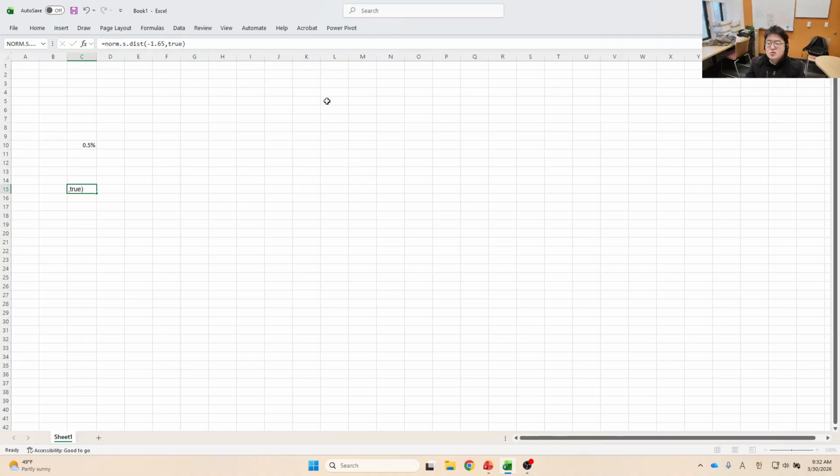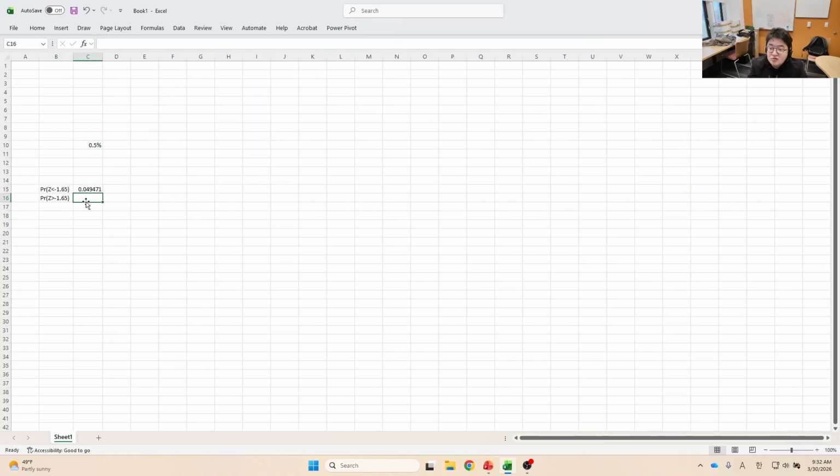So if you enter it, it will give you a number, right? But this is cumulative probability. This is probability z less than minus 1.65. But we are interested in probability z greater than minus 1.65. How do you do that? We are going to calculate 1 minus this probability.